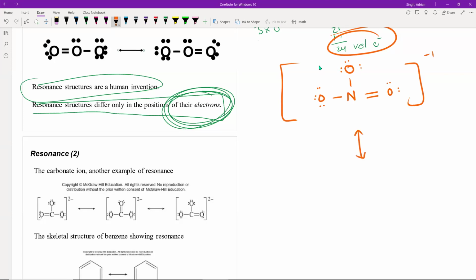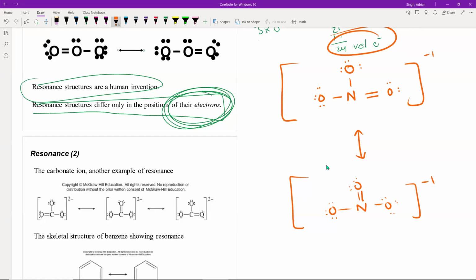And when I do that, I end up with now resonance structure. So now, if I have my base structure I had before that I drew, with my negative charge, I could have moved this pair of electrons from the top and made a double bond on top of the N, and that would be acceptable.